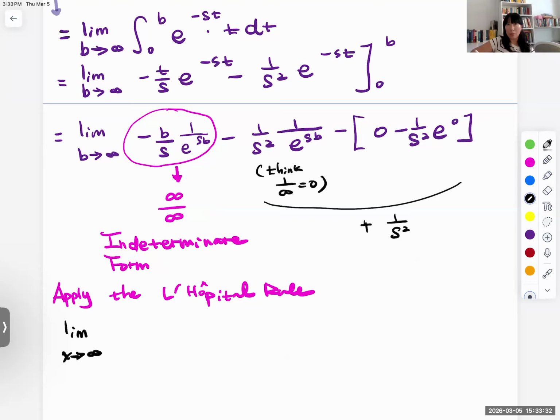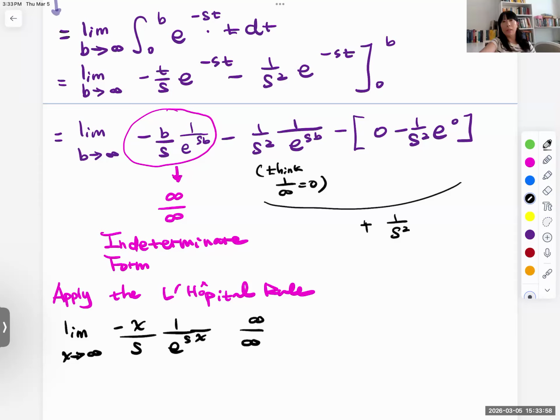S is a real number. So we get negative x over, using the same s, 1 over e to the s, and b we are using x. Then that is infinity over infinity.